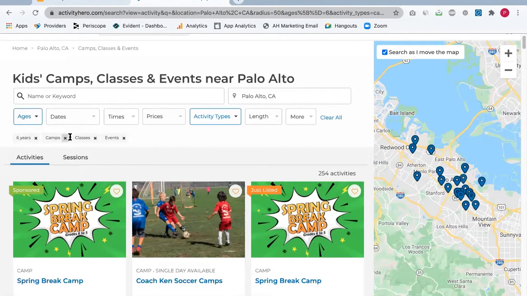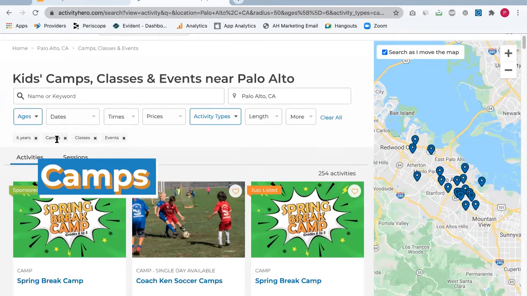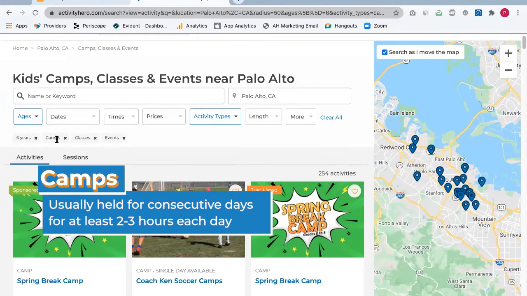Another thing you can notice here, all of the filters that I have are here. If I really just want camps, then I could cross out the classes and events. Really the difference between these types of activities is that a camp is more of consecutive days. It's a longer format, usually more than an hour.